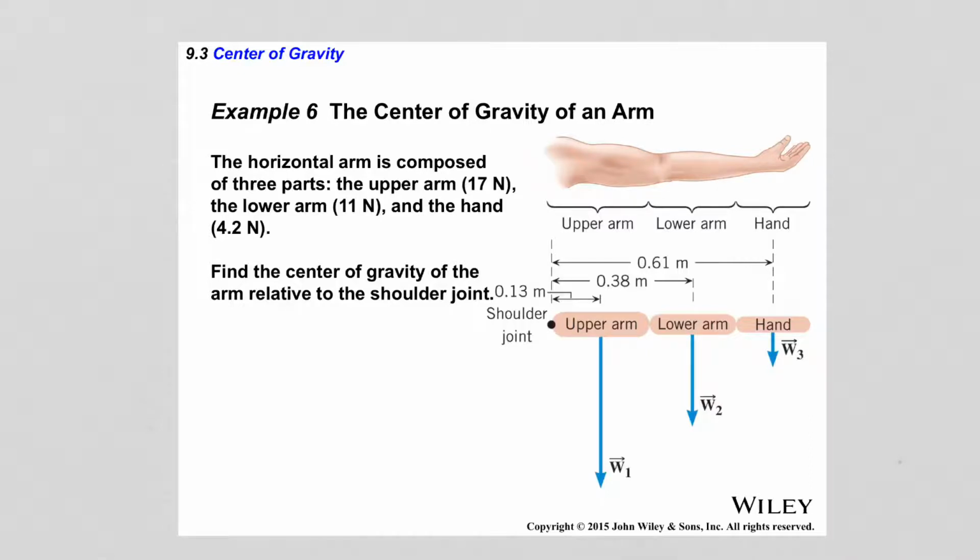The distances to the center of gravity for each of those three parts of the arm are 0.13 meters for the upper arm, 0.38 meters for the lower arm, and 0.61 meters for the hand. So what is the position of the center of gravity of the arm relative to the shoulder joint?